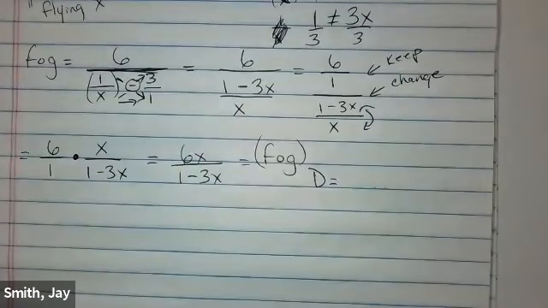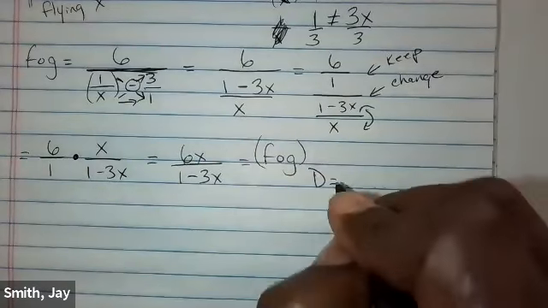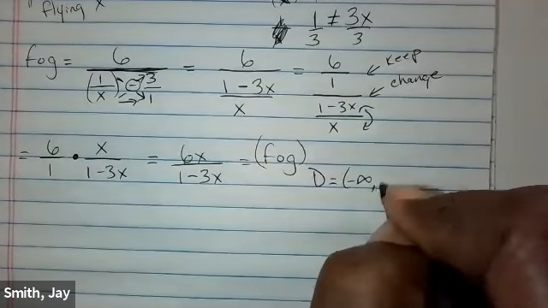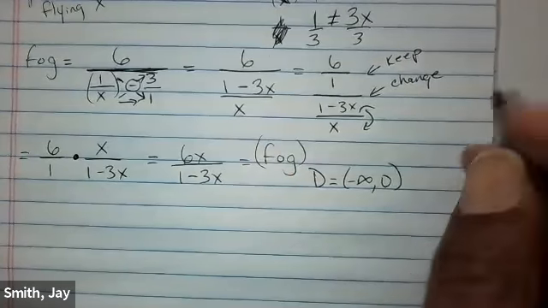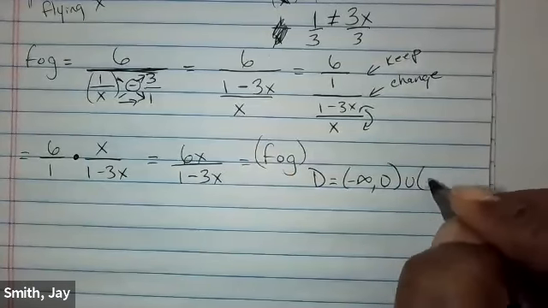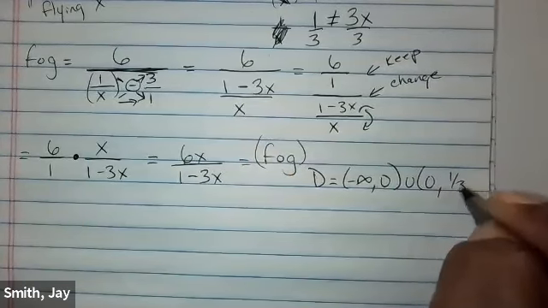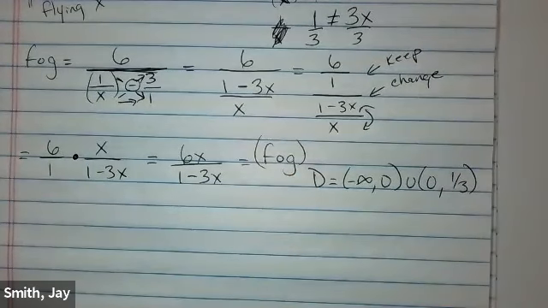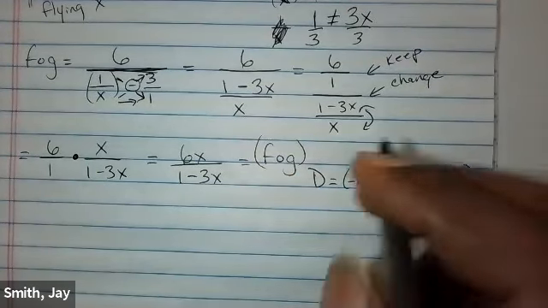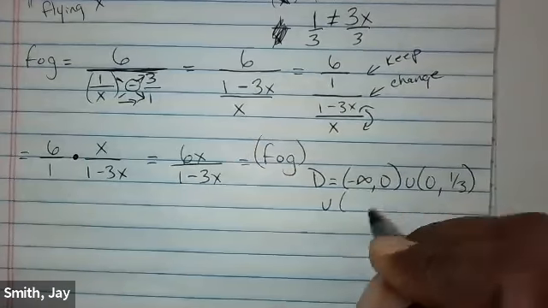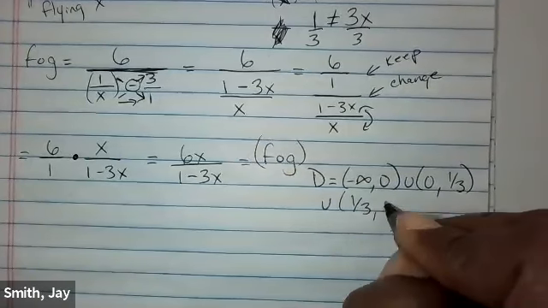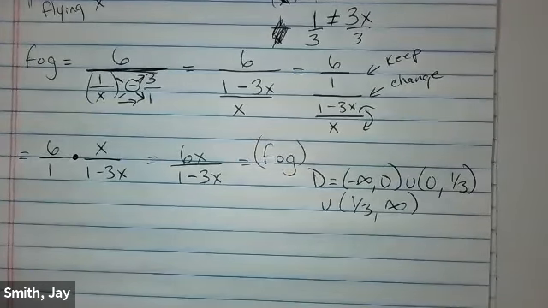So our interval notation would be from negative infinity to 0 in parentheses, union 0, comma 1/3, also in parentheses to exclude both 0 and 1/3 itself, union 1/3, comma infinity in parentheses. So every value less than 0, every value in between 0 and 1/3, and every value greater than 1/3 will work.